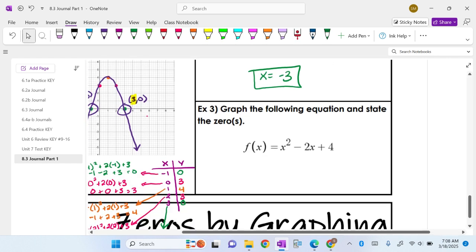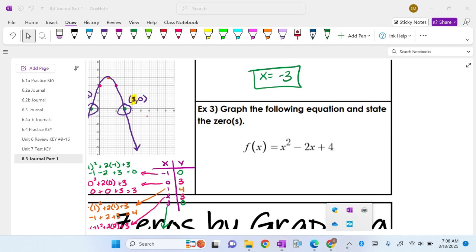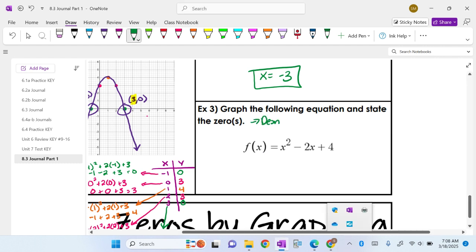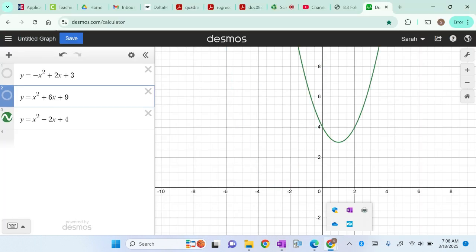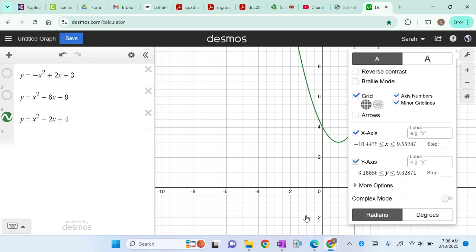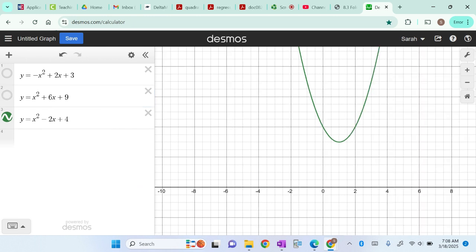And then the final question, again, we're going to graph it in Desmos, which I already have graphed here. Now, as you can see, it does not cross the x-axis at all. So even if I take the x-axis or the y-axis away, you can clearly see that that graph is not anywhere near the x-axis. So there is no real solution here.